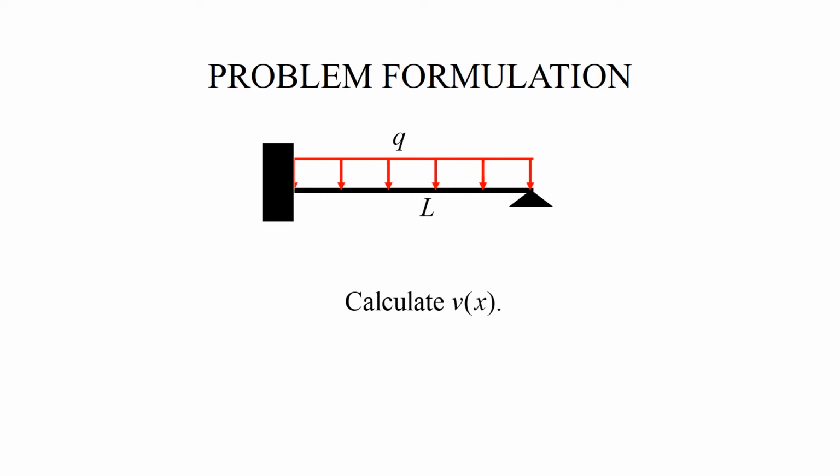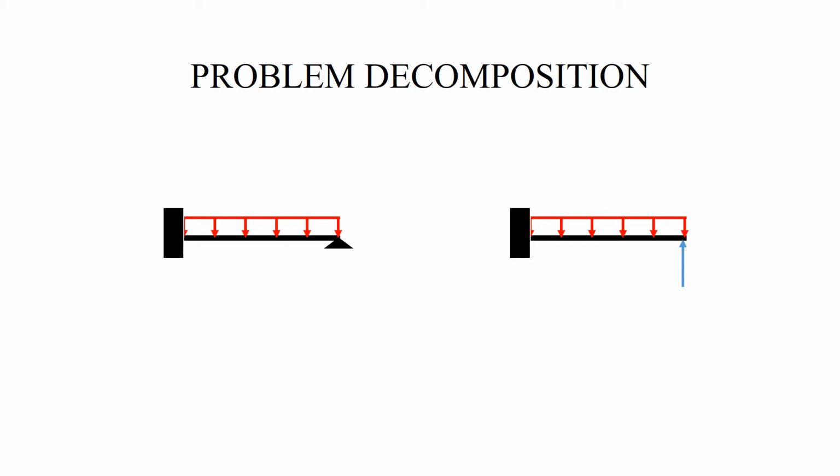Of course, this beam is not tabulated, at least not in the tables we're using. So, to address this issue, we simply say that I can think of getting to the tabulated beam by removing the roller.